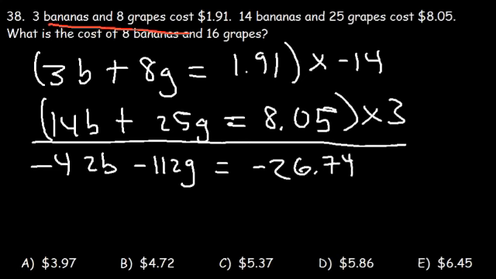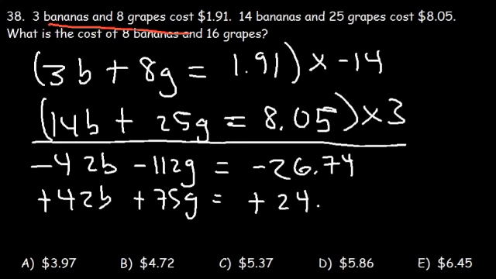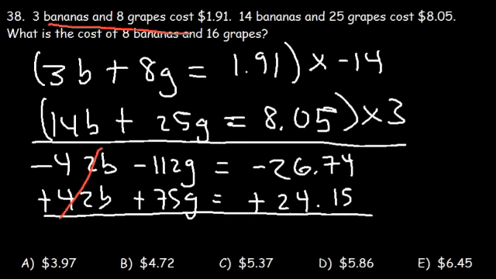Now for the second equation, 14b times 3 is positive 42b. 25 times 3 is 75g. And 8.05 times 3 is positive 24.15. So if we add the two equations, these two variables cancel.